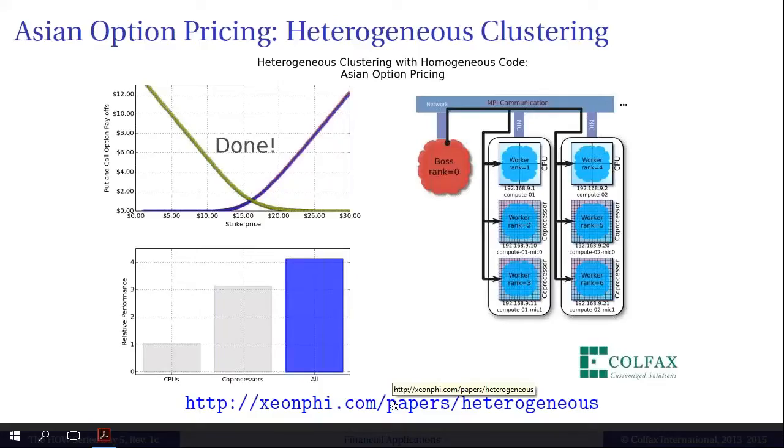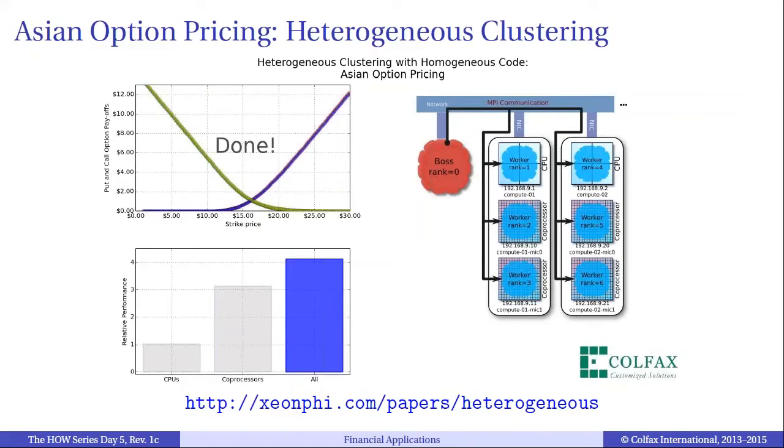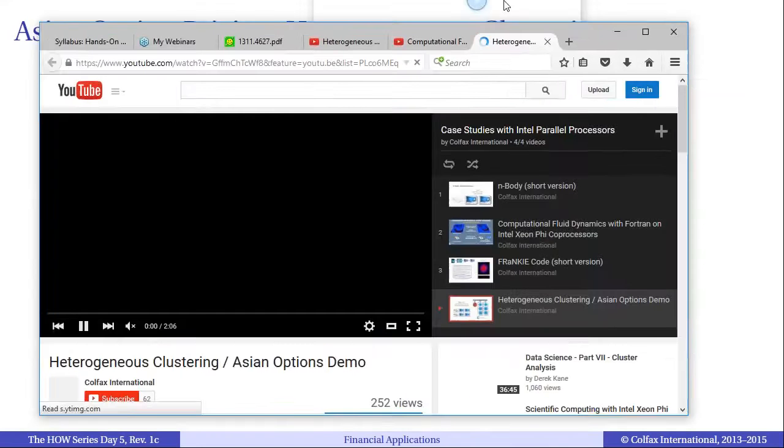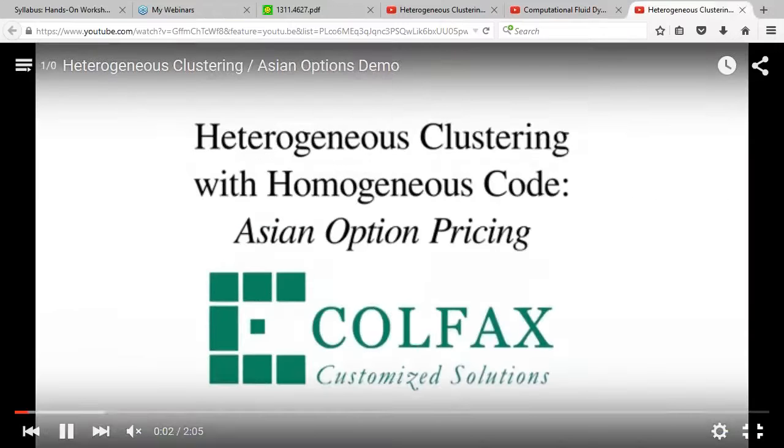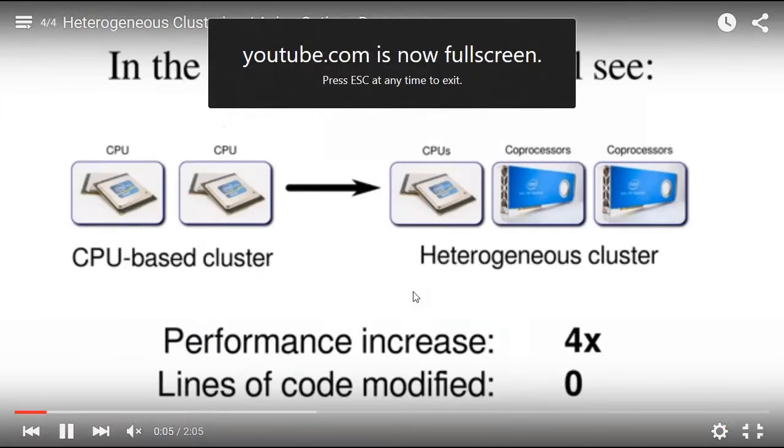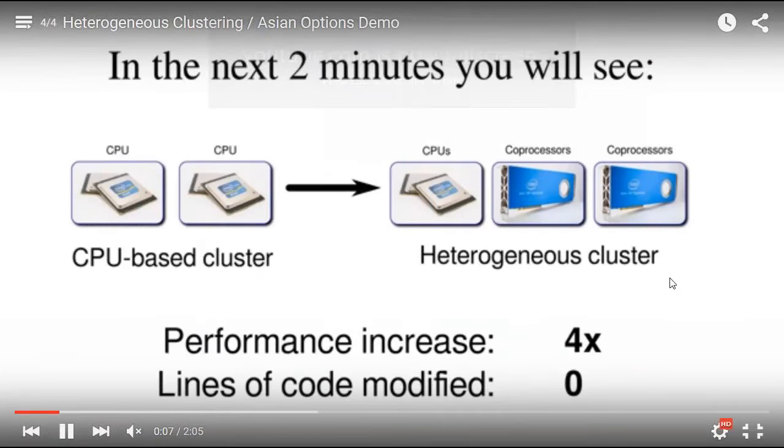And in this code, we wrote it in such a way that it knew nothing about Xeon Phi, but it was able to scale and auto-balance across a cluster of CPUs. And then without code modification, we were able to scale this code across a cluster that has both CPUs and coprocessors. This is again a demonstration that future-proof optimization methods are not that non-trivial.